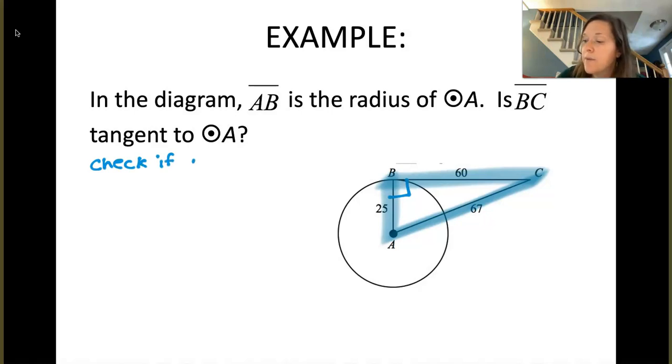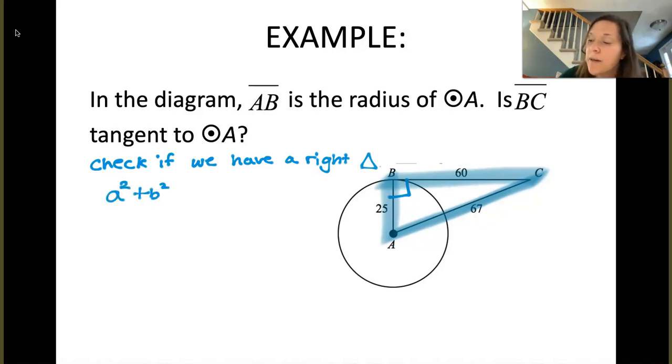We'll use the converse of the Pythagorean theorem. Does a squared plus b squared equal c squared? What should your c squared be? Your c should be the hypotenuse of the right triangle. So if that was a right angle, then my hypotenuse here would be 67.